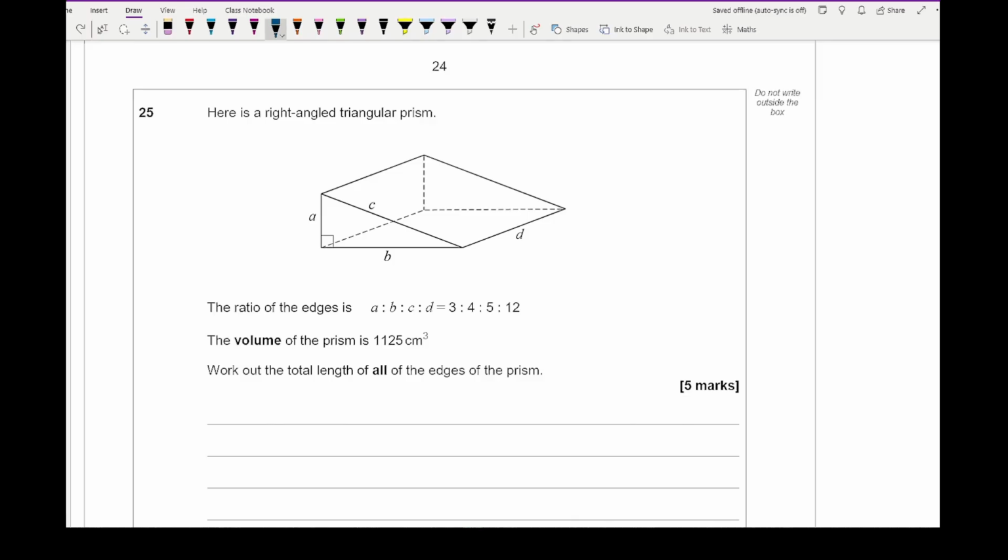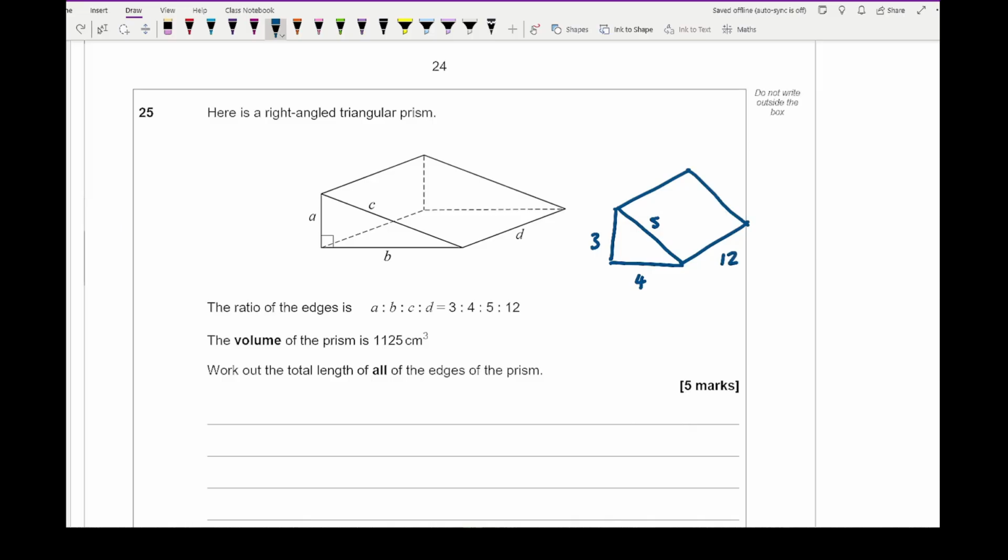So first things first, what we need to do is draw a mini prism, which is going to be similar to that shape, which is a really key word for this particular question. A is 3 parts, B is 4 parts, C is 5, and D is 12.